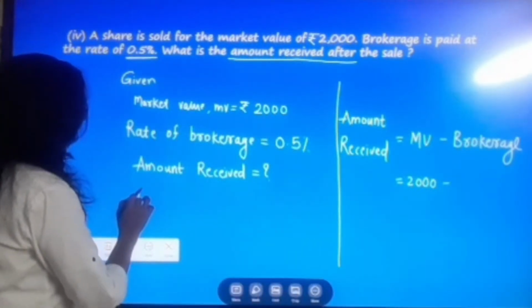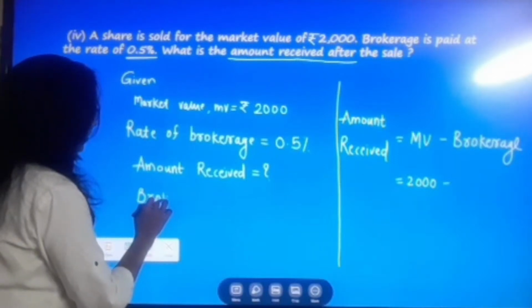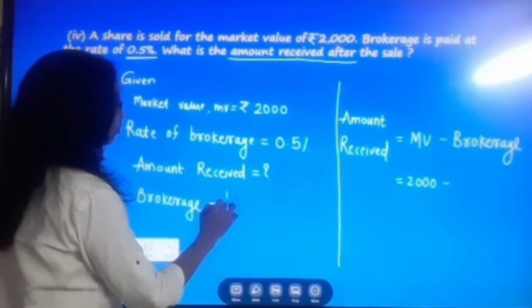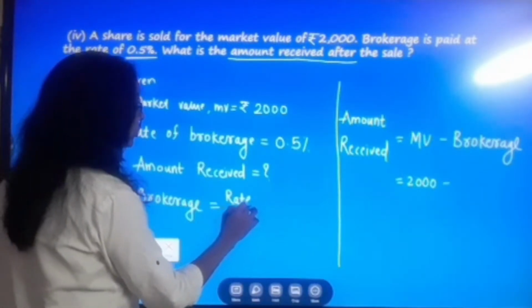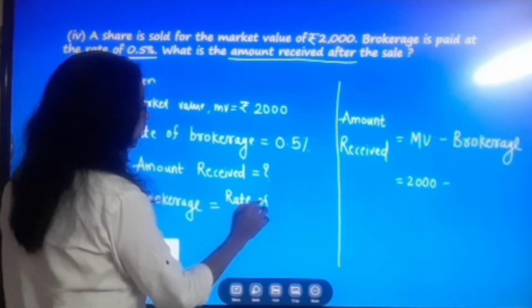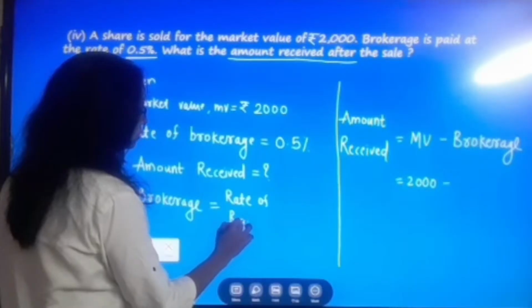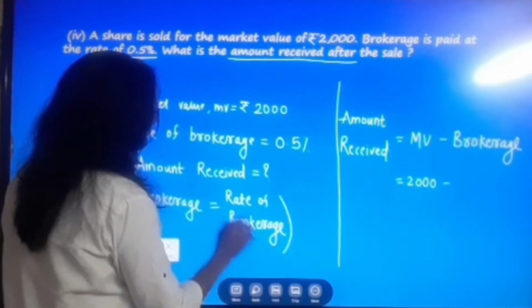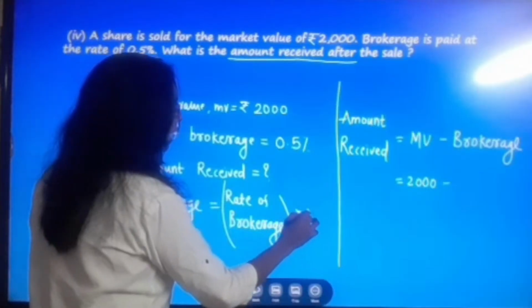So here I first calculate the brokerage. Brokerage is equal to rate of brokerage multiplied by market value.